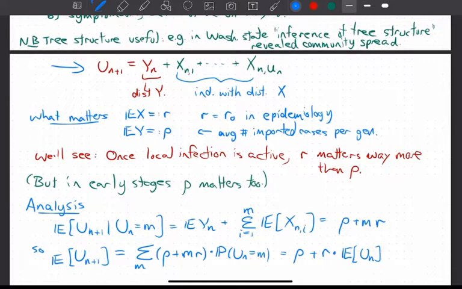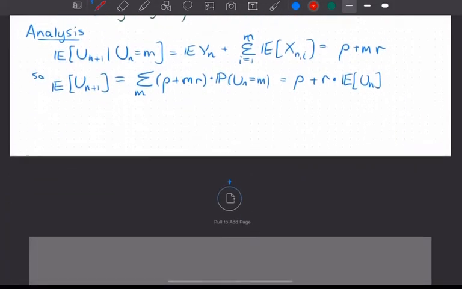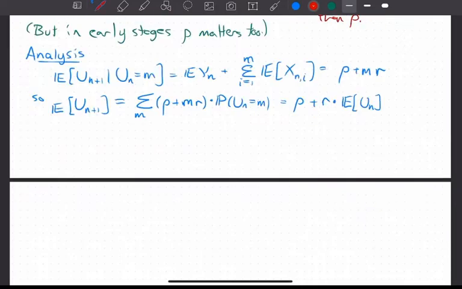Just applying linearity. Okay, so we get an affine recurrence for the expected number of infected individuals over time.